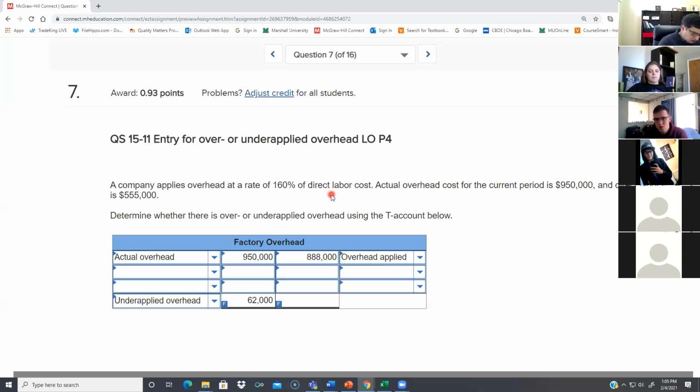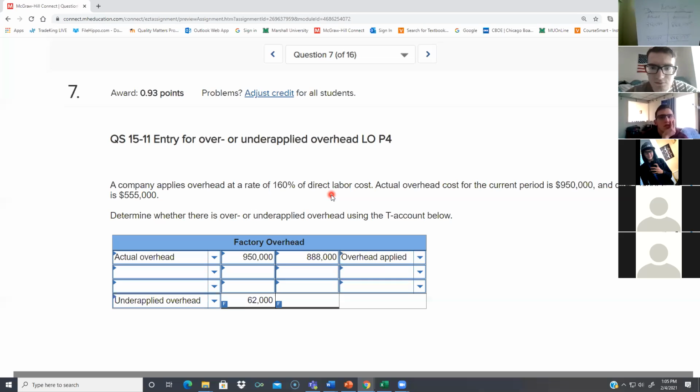I'm just making a T account. That's all I'm doing. Can you see this? Yes. Okay, so you should be seeing a paper which says actual overhead T account.